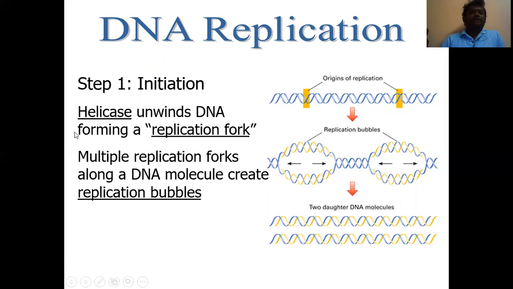The enzyme called helicase unwinds the DNA, forming a replication fork. Multiple replication forks along the DNA molecule create a replication bubble. Rarely it can take place, but in general, only one replication fork will be there in the DNA. The enzyme is called helicase.